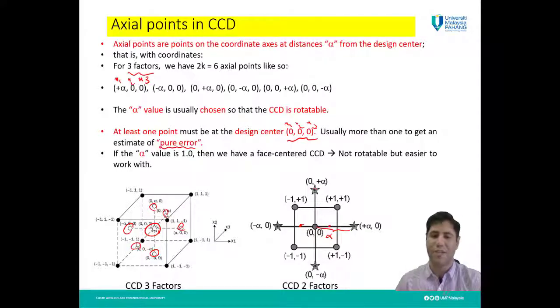In a rotatable design, we have a circle that can cross all of these star points, and the factorial points will be located at the center of this circle. We call that a rotatable design.